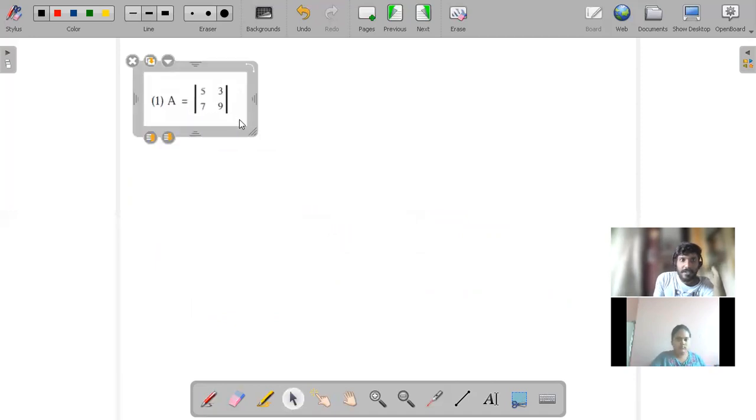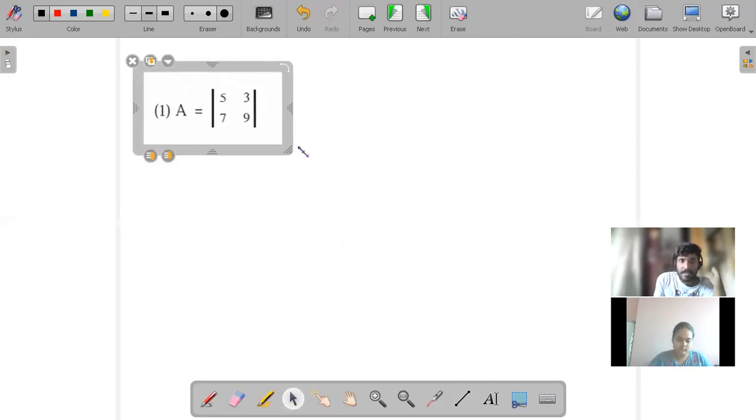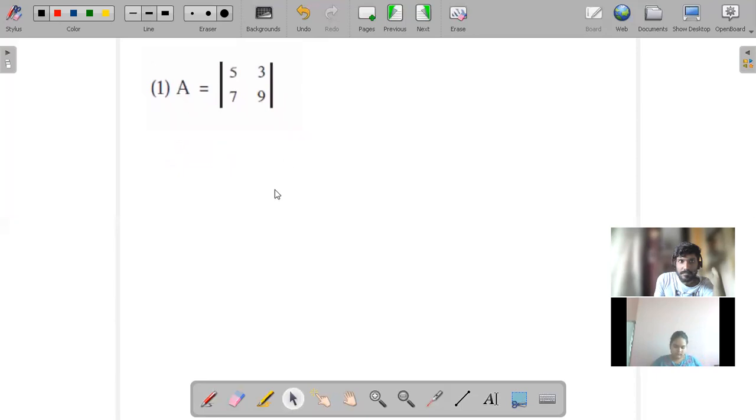Can you find the determinant of this? Do it stepwise. All are positive. First, you multiply these two: 5 into 9, 45.